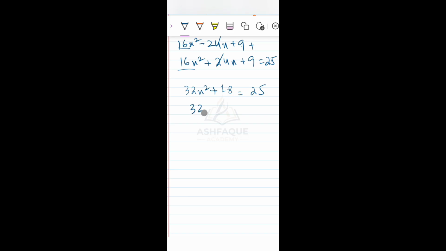So 32x square plus 18 is equal to 25. We will shift 18 to the right hand side, it will be 25 minus 18, which is 7.